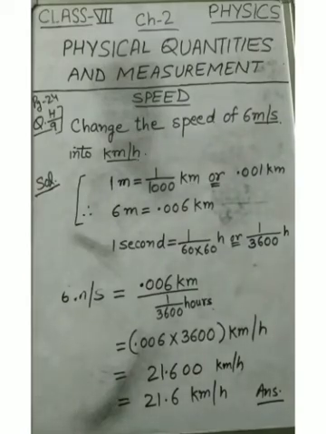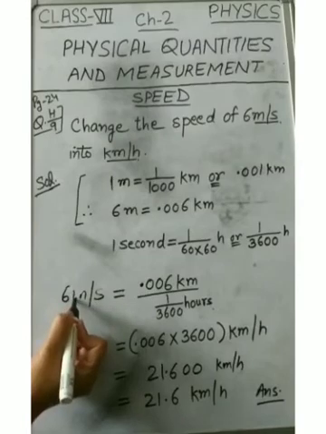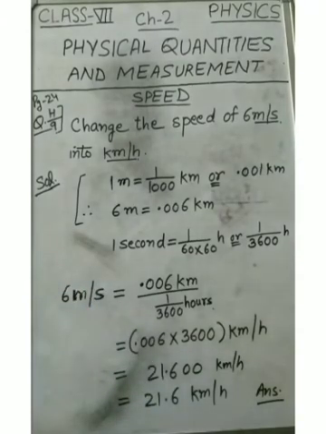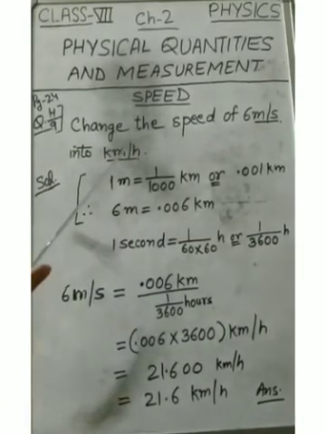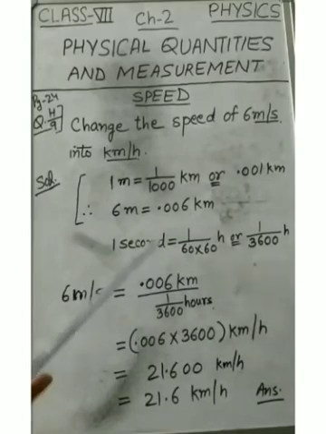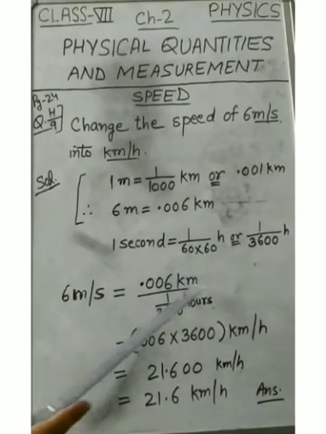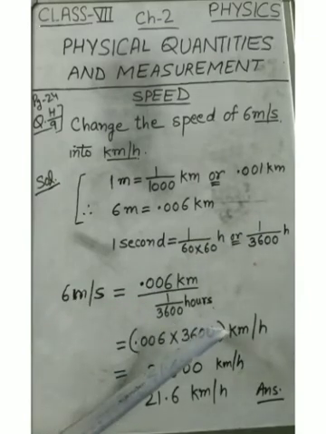Now 6 meter per second is equal to, we have to convert it into kilometers. 6 meter is equal to 0.006 kilometer, upon 1 hour, which is 1 upon 3600 hour.